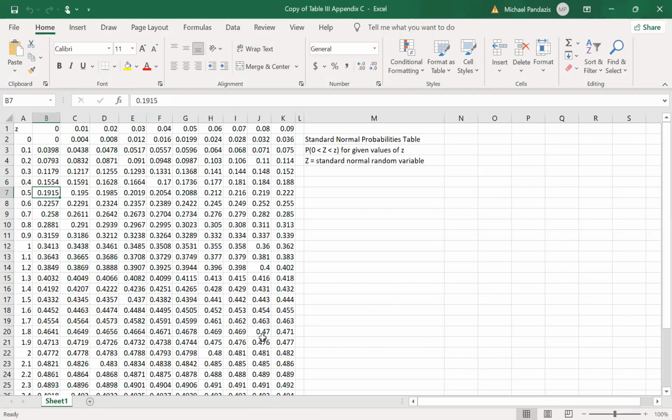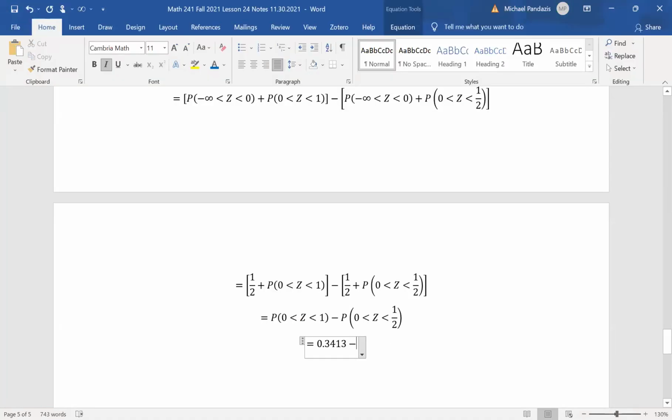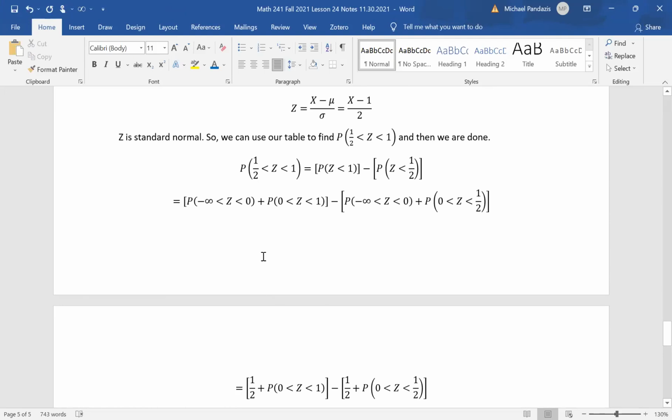That's 0.1915. Okay, and so when you subtract those two values, you get 0.1498. Okay, and that's it. So the answer is 0.4198.